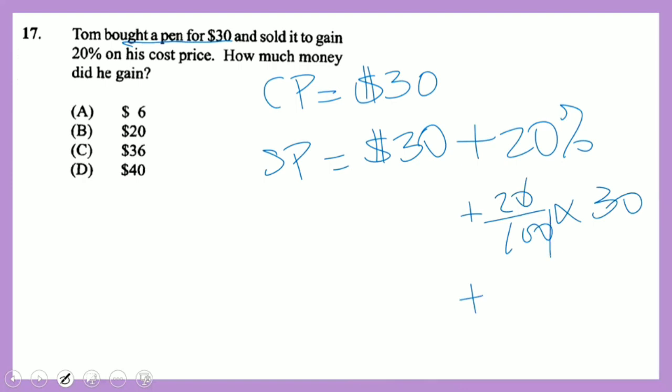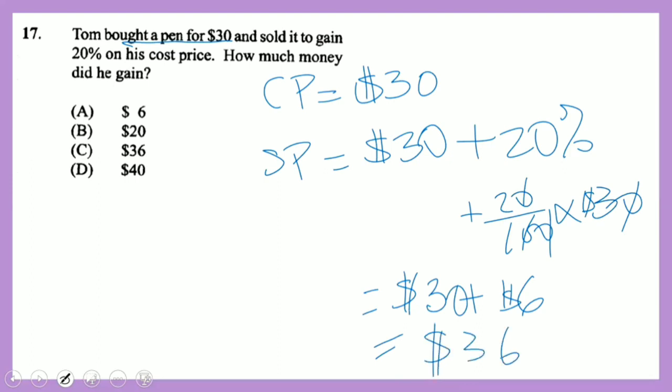We can divide those by 10, divide those as well by 10, and we have $6. 20% of $30 is $6. So in total, he's going to sell it, making $6 on the $30, making the total $36.